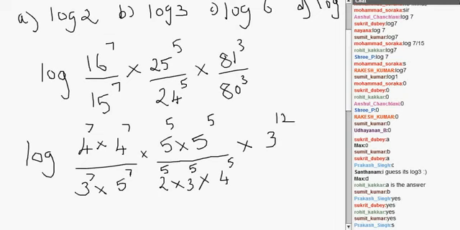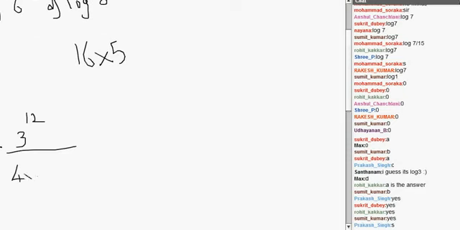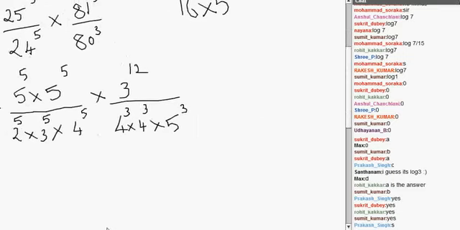So I can directly write 3 power 12 divided by, again coming to 80, 80 is basically 16 into 5. Okay, but again 16 can be written as 4 into 4. So I'll take 4 into 4 into 5, and all the things will have the power 3. Now just cancel whatever is possible.